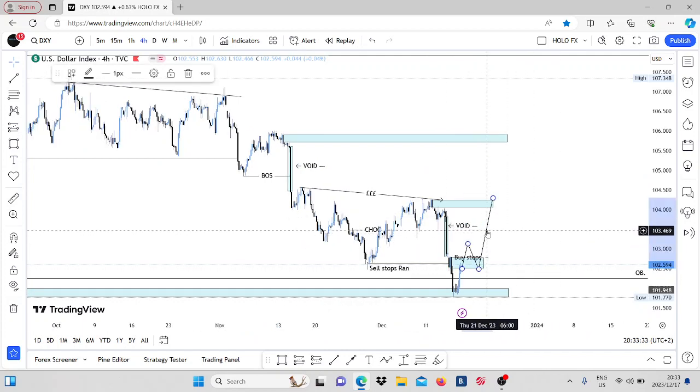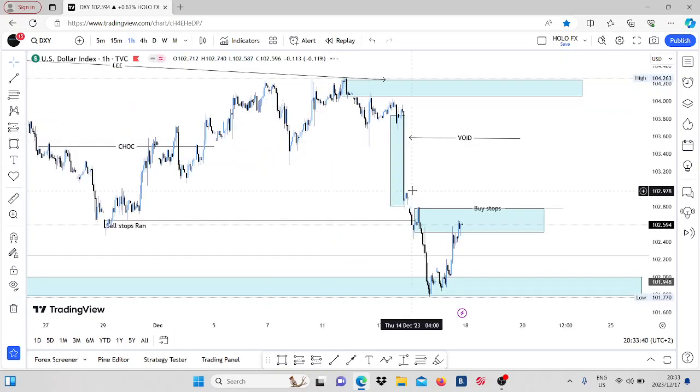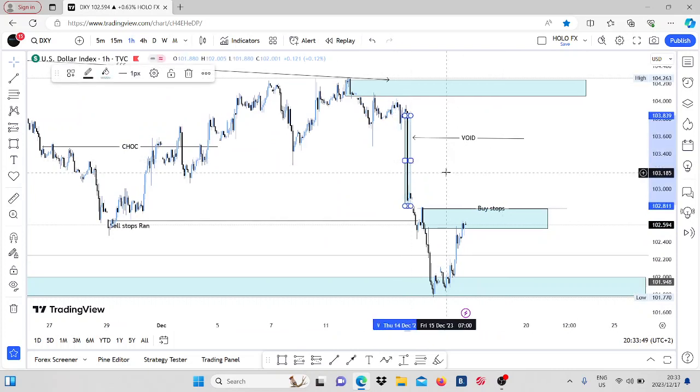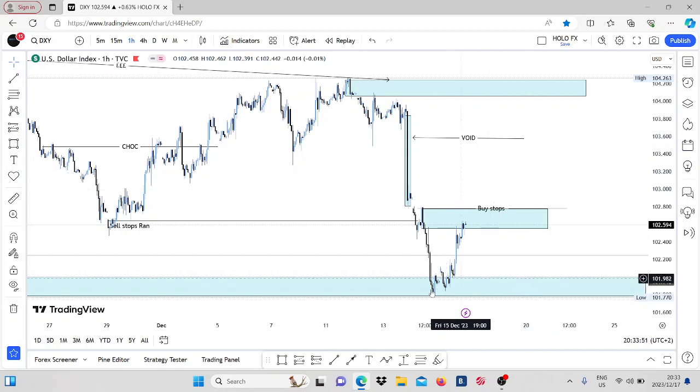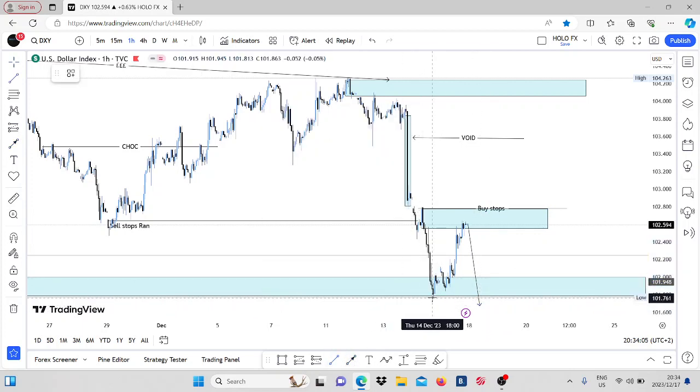But if not, the proper outcome, let me just drop to the 1 hour, excuse me. I have a strong conviction as well that the market might take out these lows.